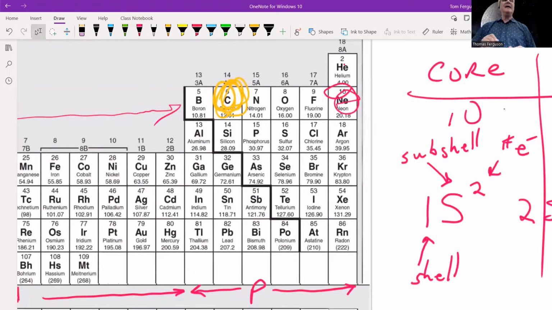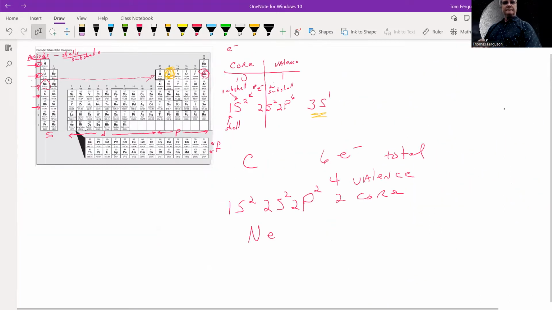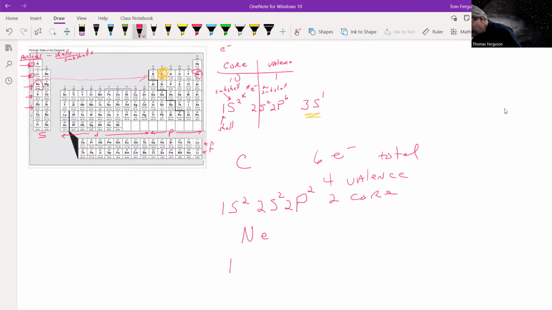So we're going to have 10 electrons identified. Okay, so we have 2 in the 1s shell, 2 in the 2s shell. And how far into the P's are we? 6. Okay, so 6 plus 2 is 10. That's the atomic number for neon.